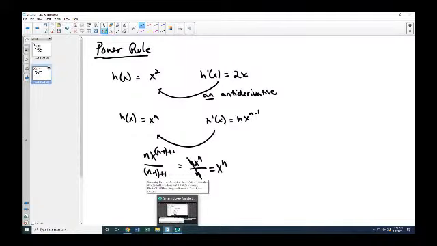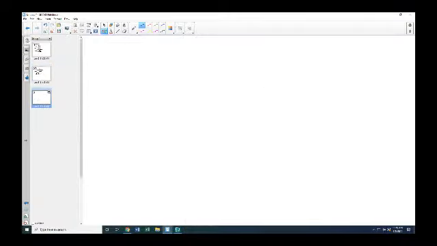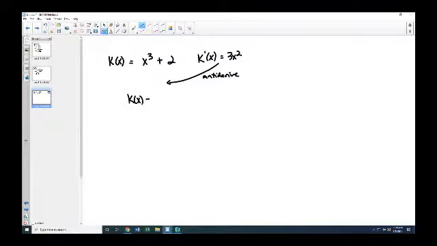Here's what we are kind of shielding you from, and I'm going to show it to you. What if I give you a function, k, that has a constant? Okay, what's the derivative? 3x squared. And the derivative of 2 is 0, correct? Well, up until now, you antiderive, you would get x cubed.